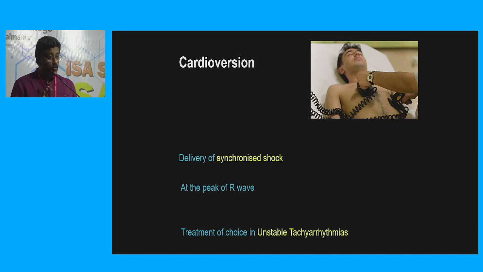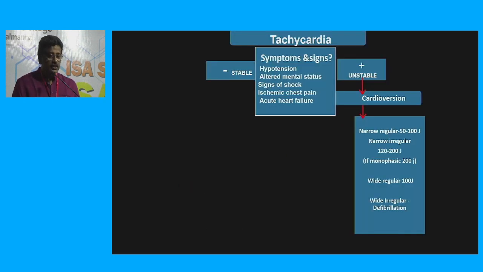Coming to cardioversion. Cardioversion is synchronized. It will be synchronized on the R wave, at the peak of the R wave, and it is for the treatment of unstable tachyarrhythmias. So when arrhythmias come, you have to see whether these patients are stable or not stable.